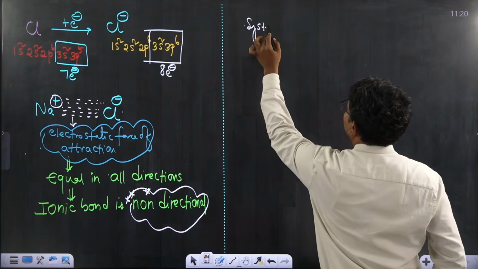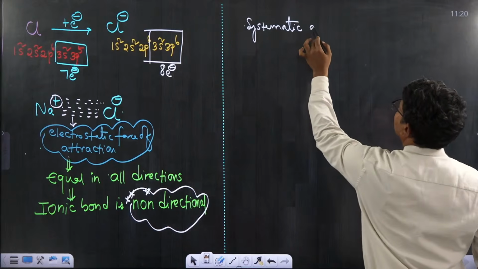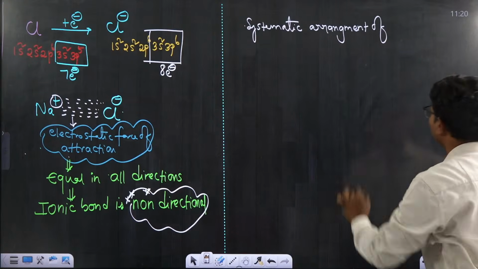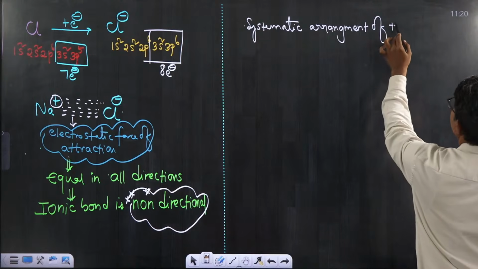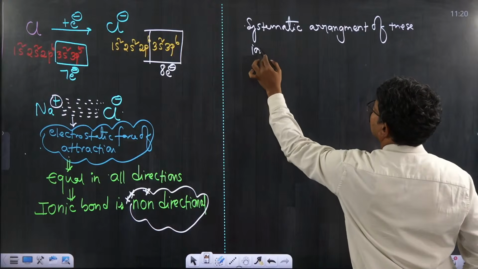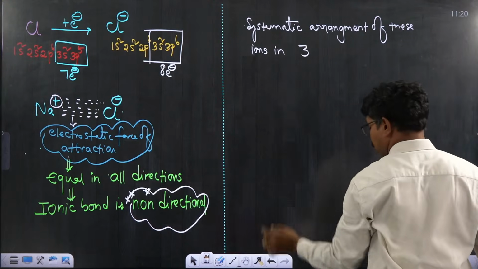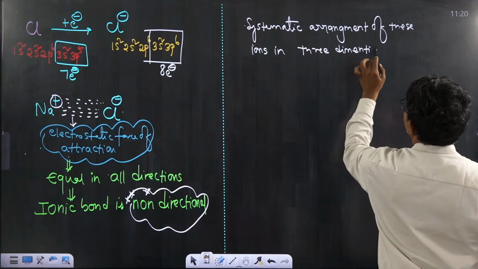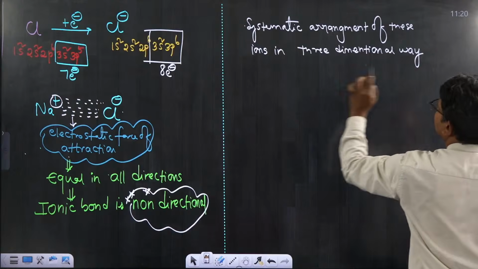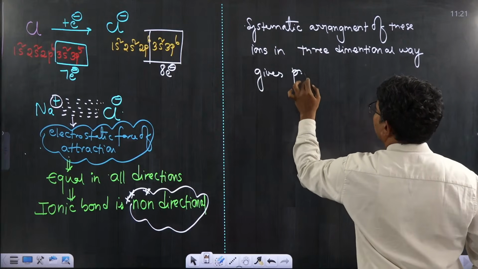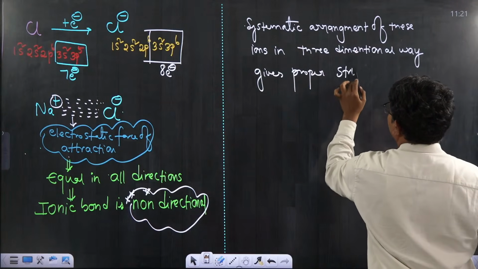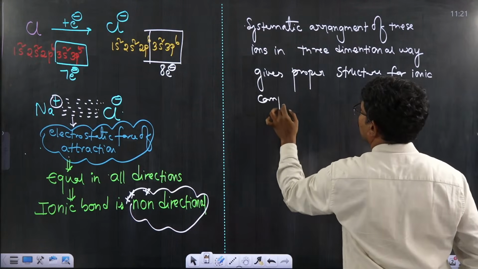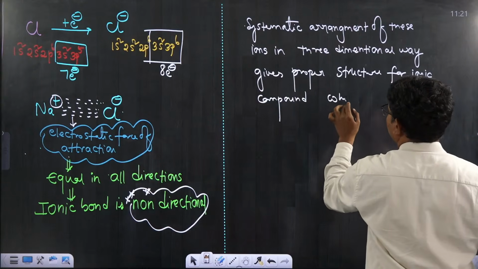Systematic arrangement of these ions in 3 dimensions gives a proper structure for ionic compounds, which is termed as crystal lattice.